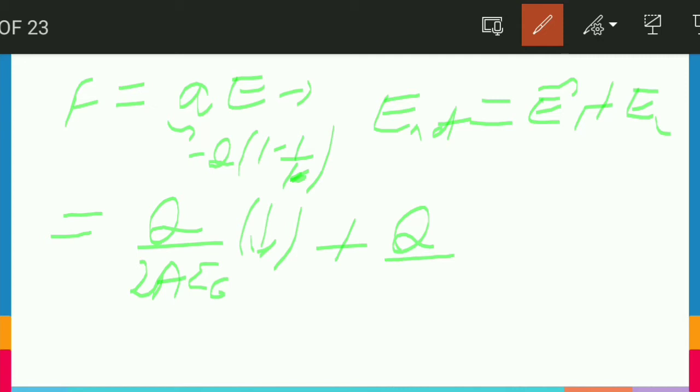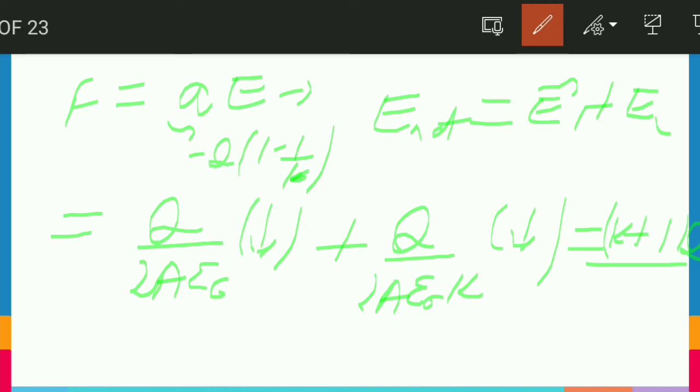It will be q upon 2A epsilon naught k. And since it was minus, it is also in the downward direction. So the total electric field will be (k plus 1) q upon 2A epsilon naught k. This is our total electric field.